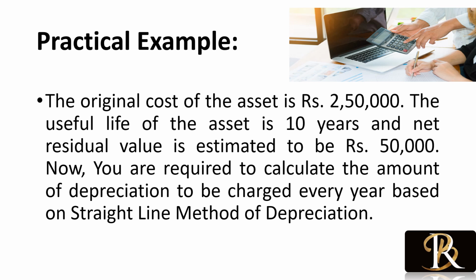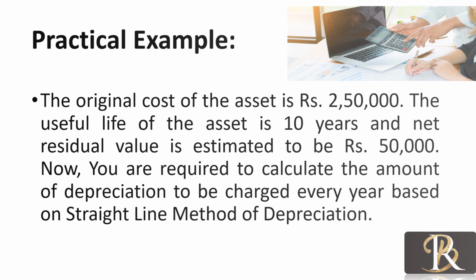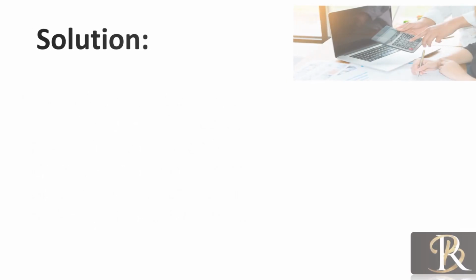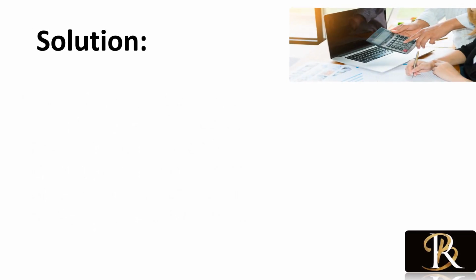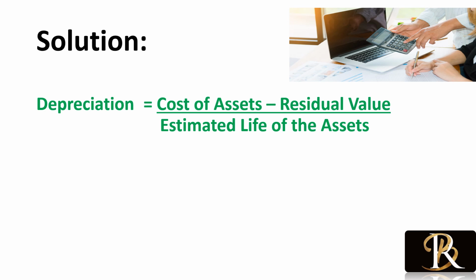So for the solution we need some amount. Okay. So first you are required to put the formula. Formula is depreciation is equal to cost of the asset minus residual value divided by the estimated life of the asset. So here cost of the asset is 2,50,000, residual value is 50,000, and the estimated life of the asset is 10 years.